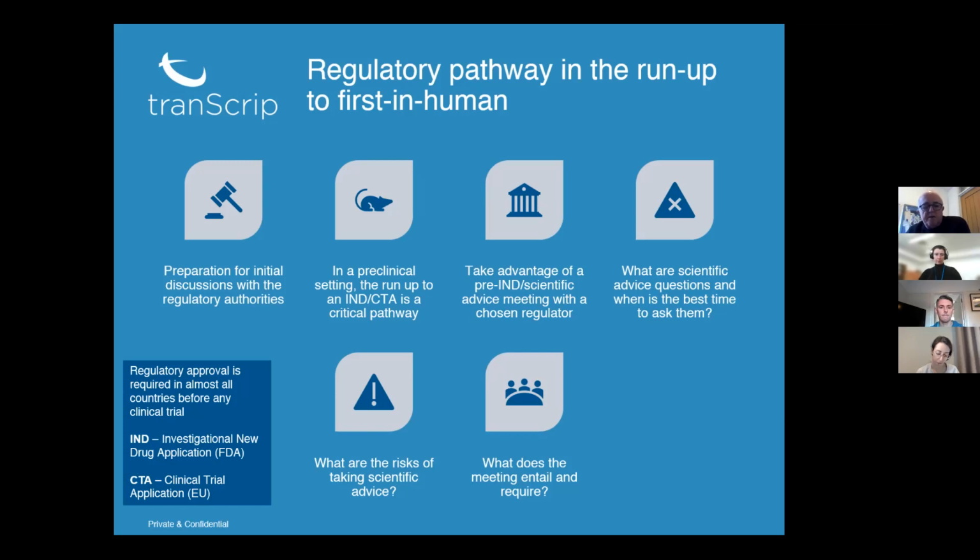There are a number of critical pathway elements that you do need to include, and this happens for both an IND and a CTA. The definitions are in the little blue box on the left-hand side. So either an investigational new drug application, which is the FDA, or a clinical trial application, which is European Union and UK.